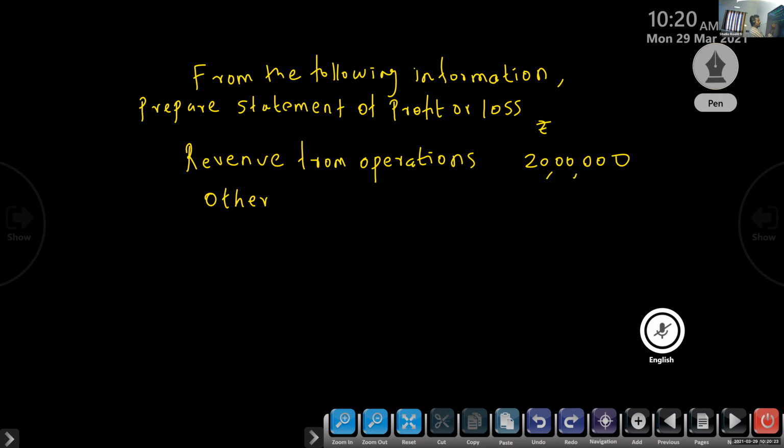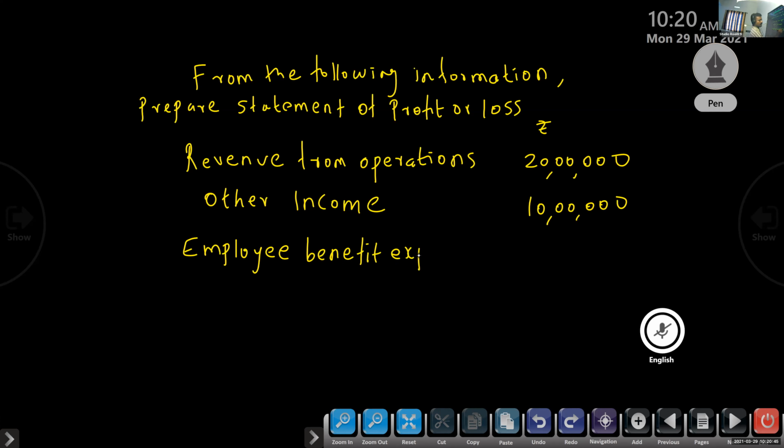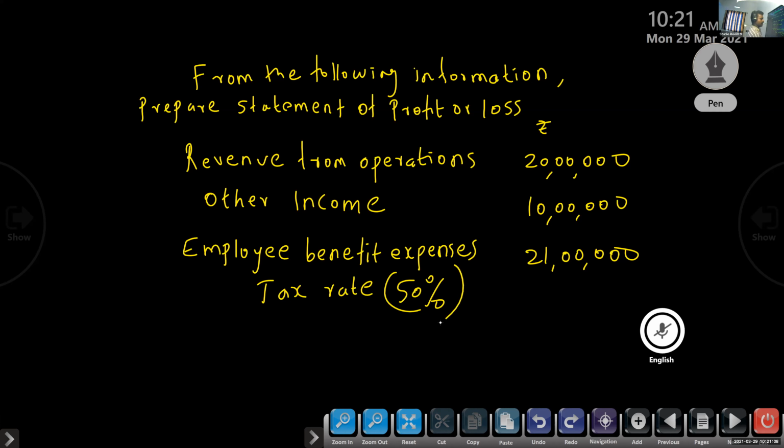Then other income, 10 lakh. Employee benefit expenses, 21 lakh. Then tax rate, 50%.